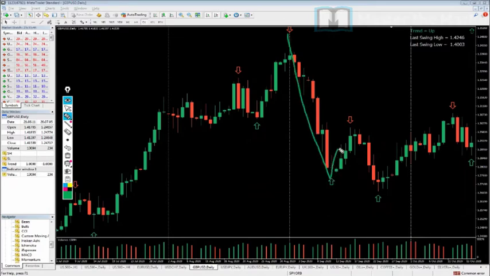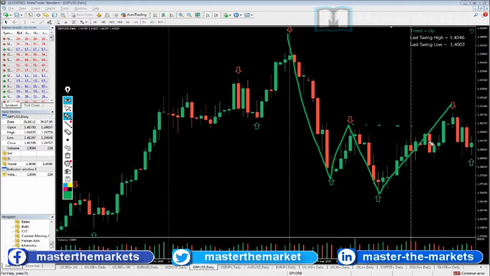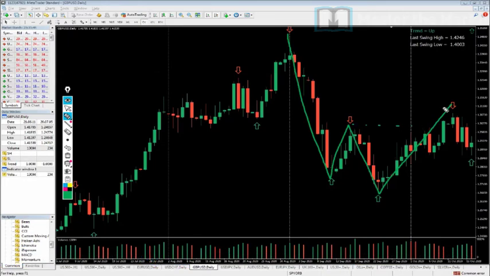So we have swing low, swing high, swing low, and this takes out the previous swing high. And it does not take this out yet, but potentially, depending on where the market goes here, we could be in an uptrend.